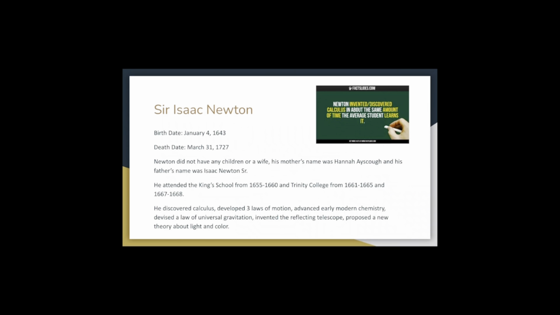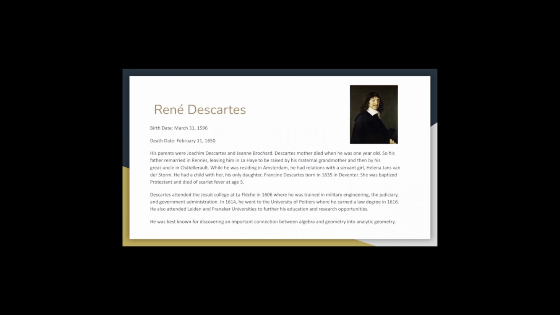He discovered calculus, developed 3 laws of motion, advanced early modern chemistry, devised a law of universal gravitation, invented the reflecting telescope, and proposed a new theory about light and color.